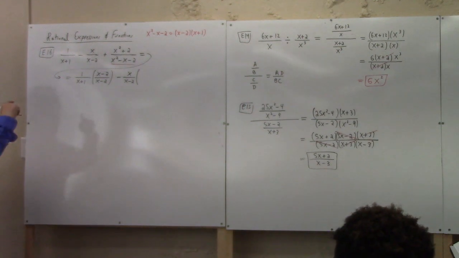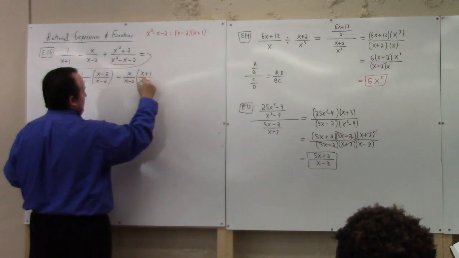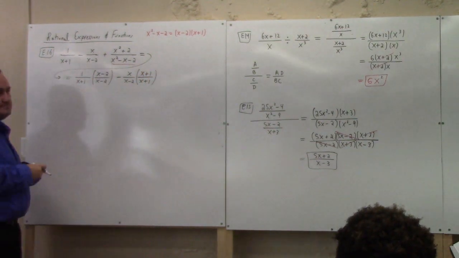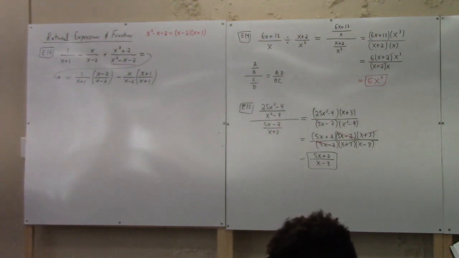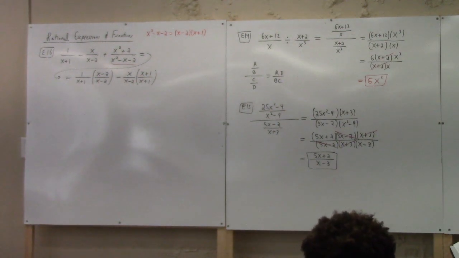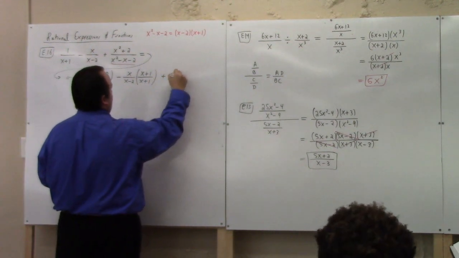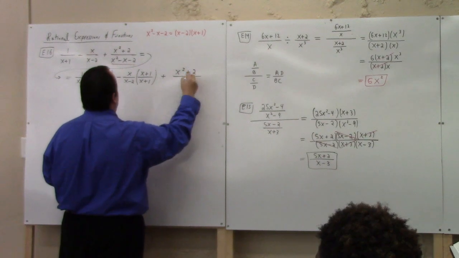So instead of multiplying by x minus 2 over x minus 2, multiply by x plus 1 over x plus 1, right? I can only multiply by 1, just like we're doing at the start of today. Just now we've got expressions rather than numbers. And then the last one's already in the right form, x squared plus 2. I don't have to do anything to this. It just rides along.